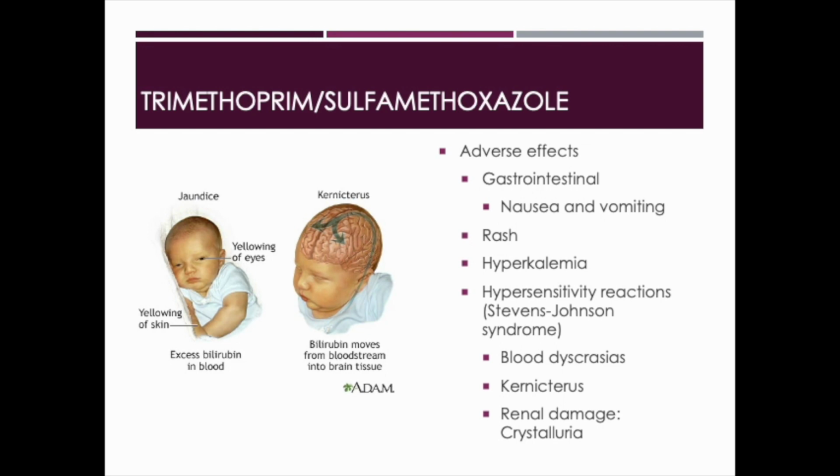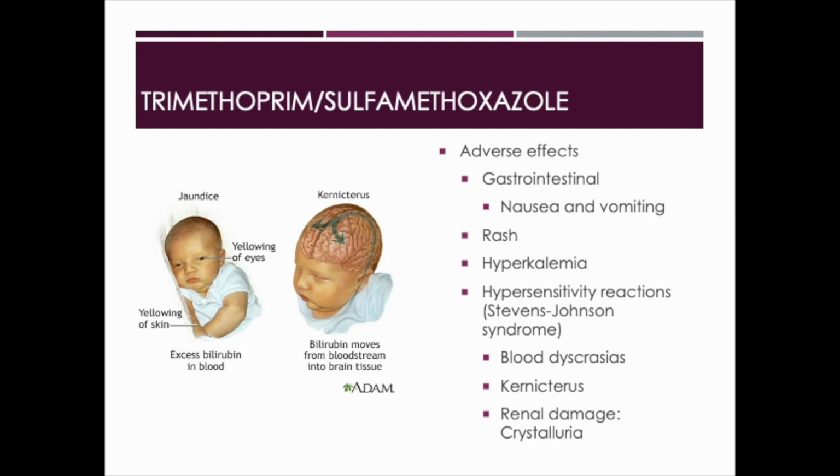If we can maintain adequate hydration, we reduce the risk of crystalluria. We can also have periodic blood testing, permitting early detection of the hematological disorders. And in order to avoid kernicterus, we would not give this medication to a pregnant patient near term because we are putting their neonates at risk.